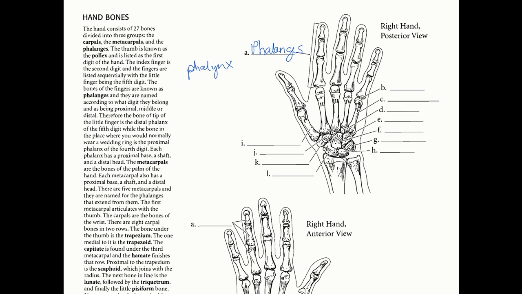From there, we have the thumb, which is a bit different because it has 2 phalanges attached to its metacarpal, and so we refer to that as the pollex. The first metacarpal, or the metacarpal of your thumb, is the pollex.